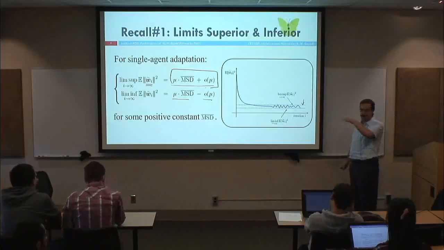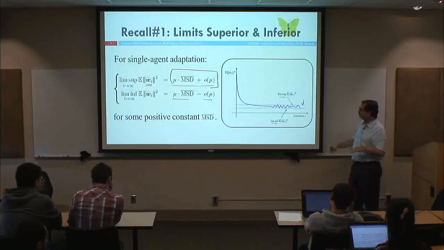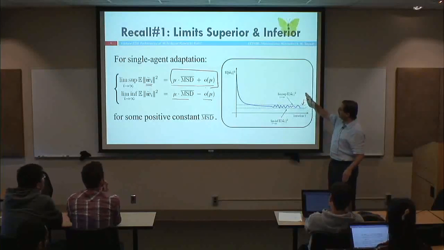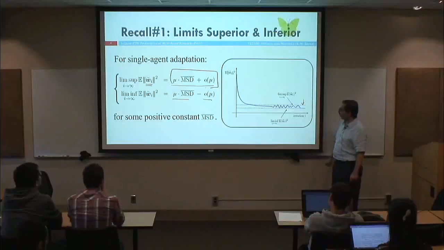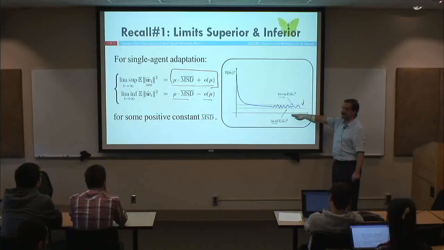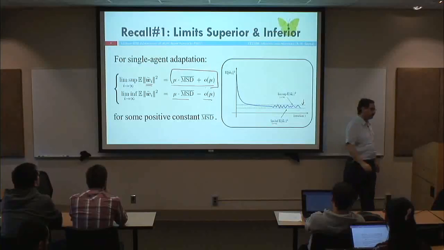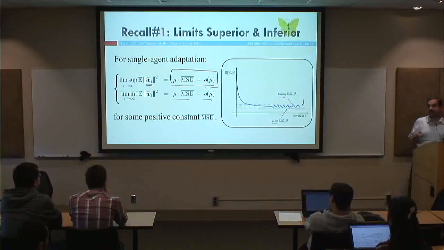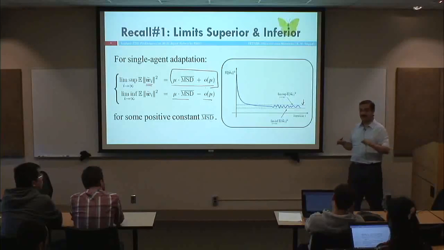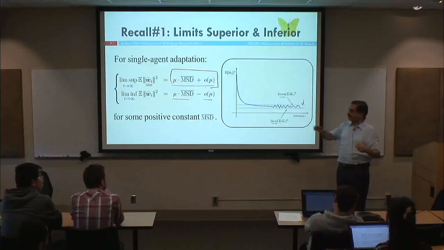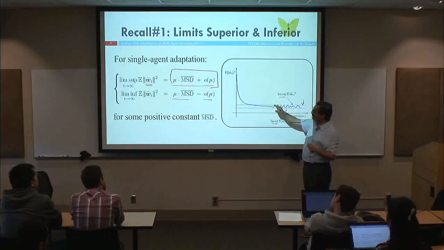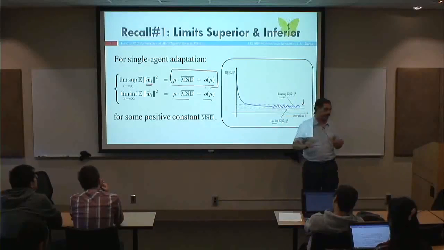You may not converge to an actual limit, but it will be upper bounded. This is the smallest upper bound that you can get on this curve, and the lim inf is from below. So similar things will be shown for the network as well, for every agent k. We are going to show that the lim sup and the lim inf satisfy relations similar to this.